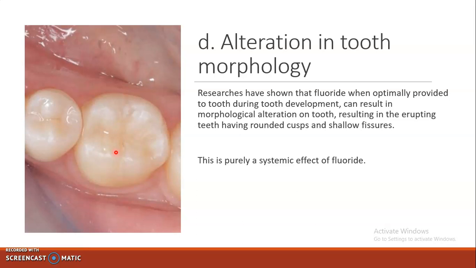This is the tooth morphological alteration which fluoride can induce when given pre-eruptively. So the carbonate theory as well as the alteration of tooth morphology take place pre-eruptively, before the teeth erupt into the oral cavity. For that, the delivery has to be through the systemic route.